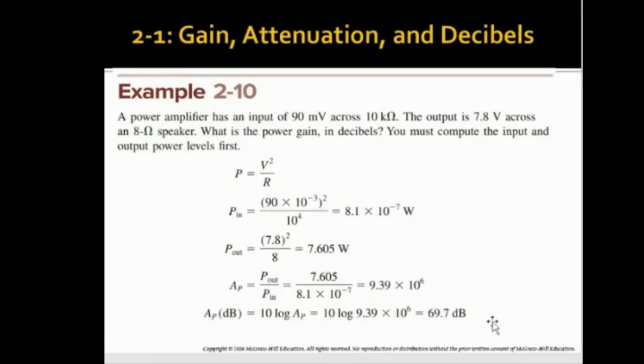So that is our gain. So gain in normal form is 9.39 times 10 power of 6, but in decibels is 69.7 dB. So both of them are two ways you can represent the gain of a system.